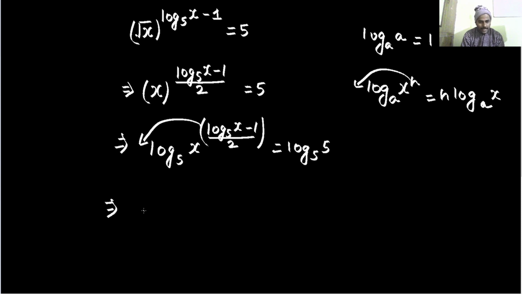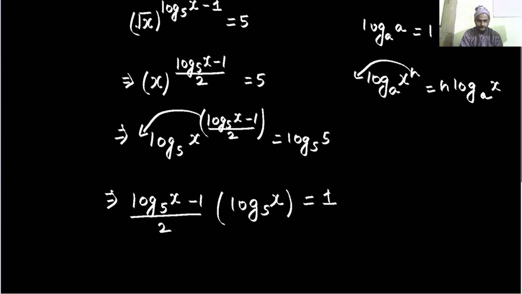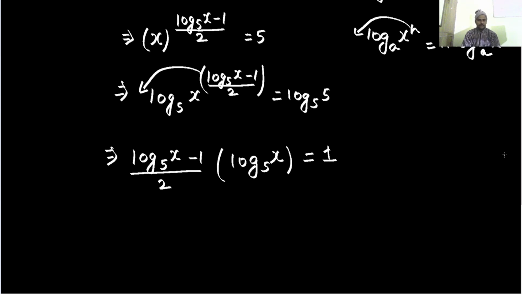So now I can write this as (log x base 5 minus 1) divided by 2, multiplied by log x base 5, equals 1. Fine. Okay. Now as we can see, I can take this 2 to the other side.